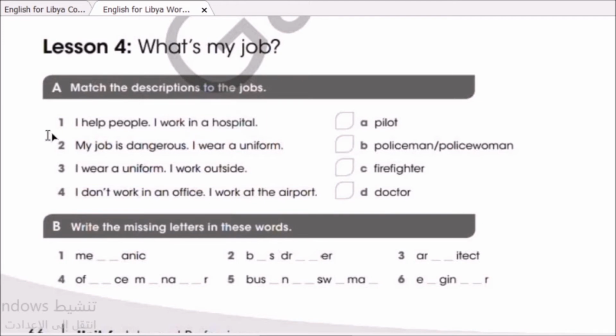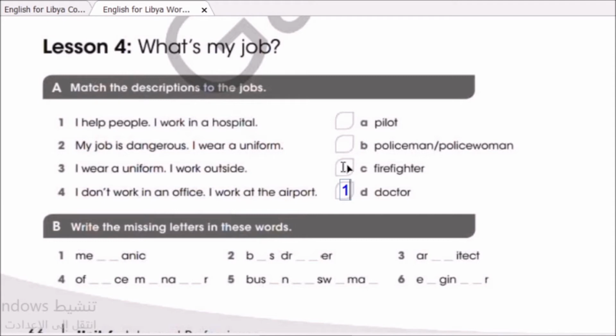Now, let's check. Number 1, I help people work in a hospital. Which one do you think it is? Very good. Doctor. So doctor, number 1. Number 2, my job is dangerous. I wear a uniform. Which one do you think it is?